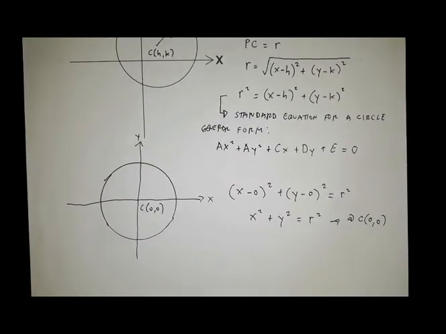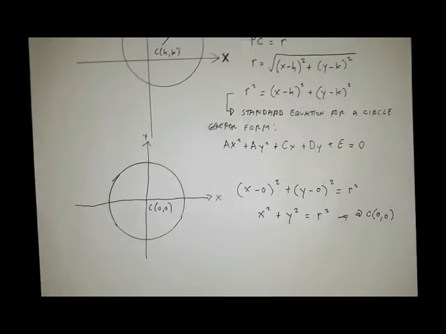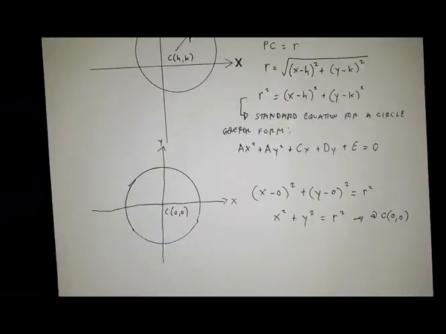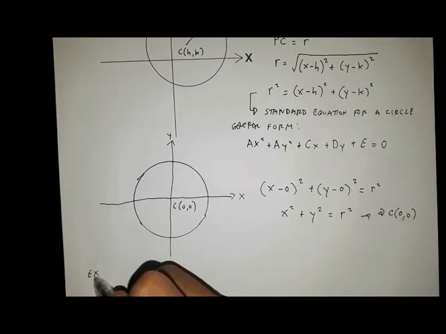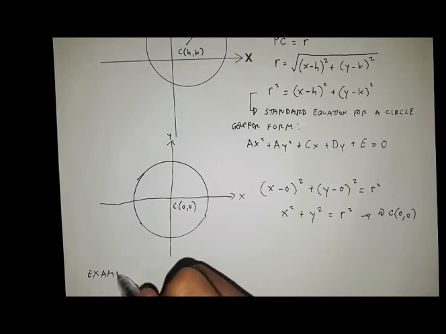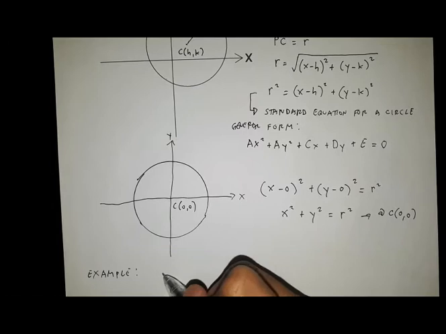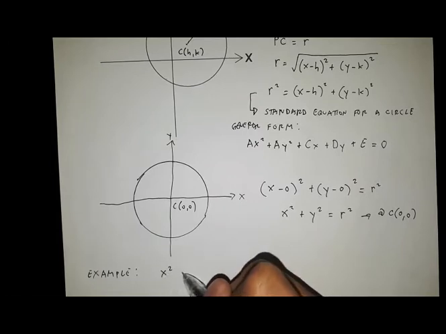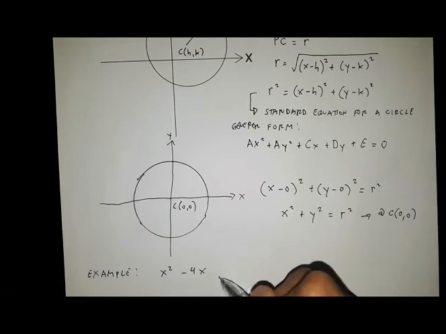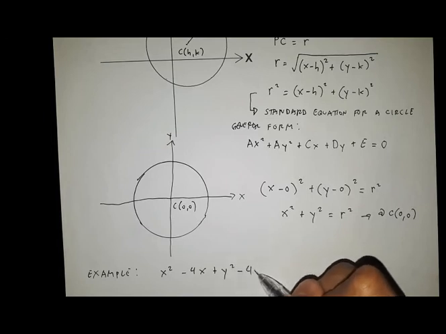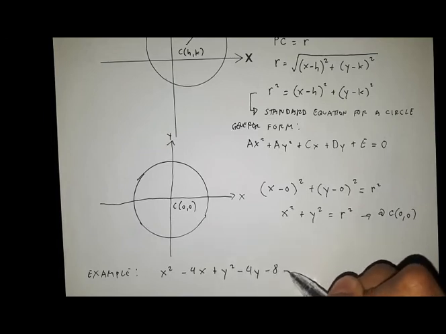Now, let's solve an example and let's try to draw the graph. So we have, let's say, x squared minus 4x plus y squared minus 4y minus 8 equals 0.